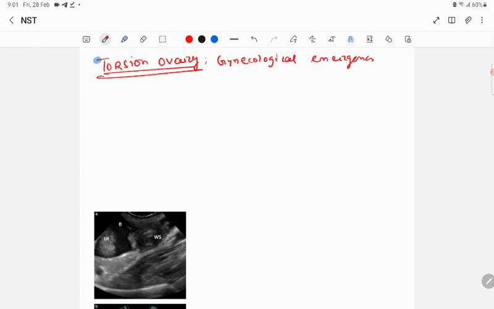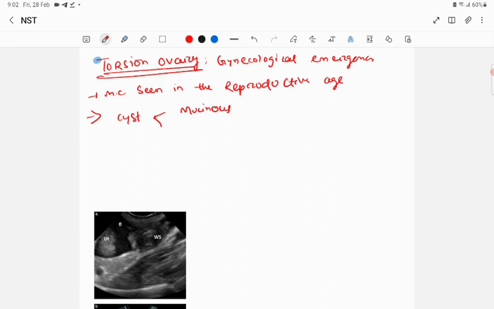Basically, torsion of the ovary is most commonly seen in the reproductive age group women. Which ovarian cyst is the most common? The mucinous cyst, because the content of the cyst is heavy, totally sticky.